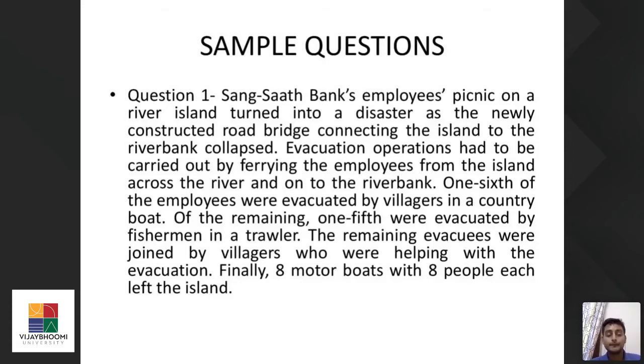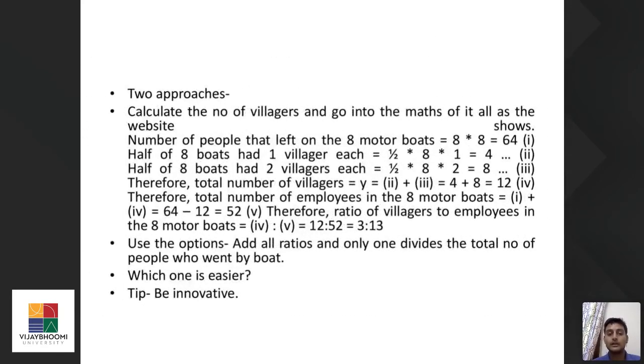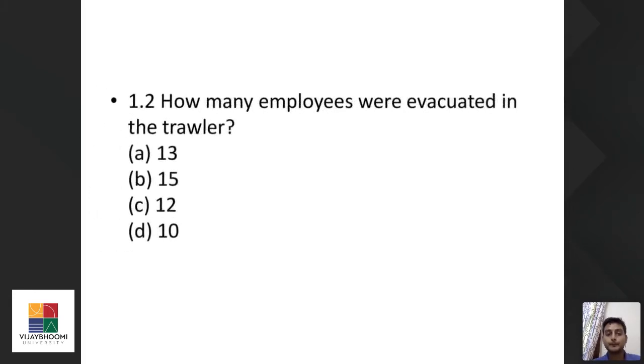So the basic calculation is 1/6 went by the country boat, 5/6 are left. Out of 5/6, 1/5 went by the trawler. How much are you left with? 4/6 of the people, right? 4/6 of the people, that's 2/3 of the people left by motorboats.